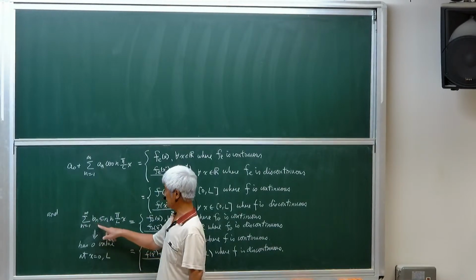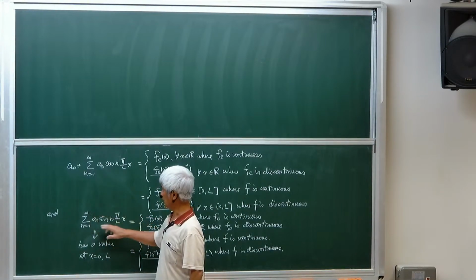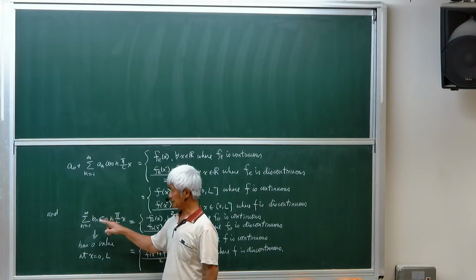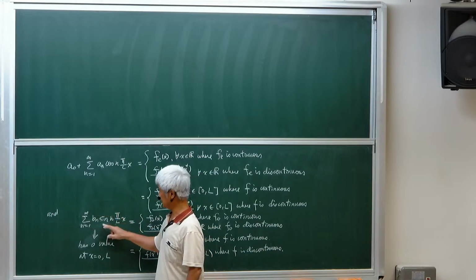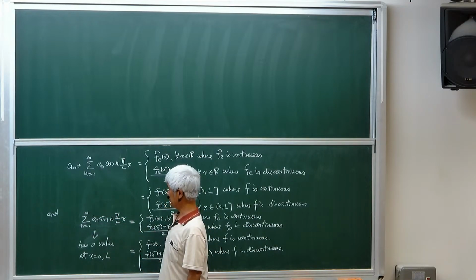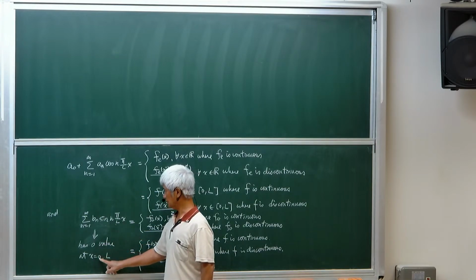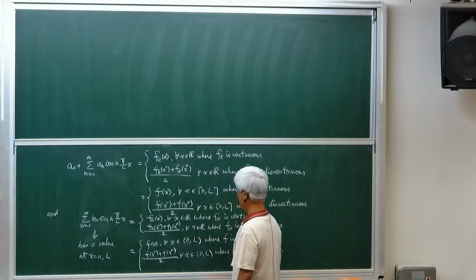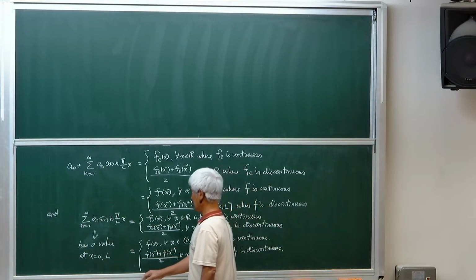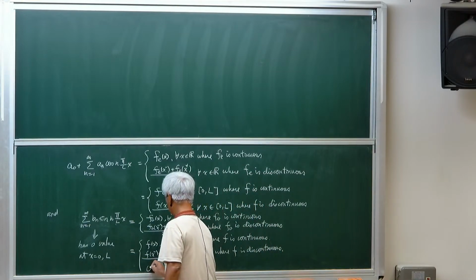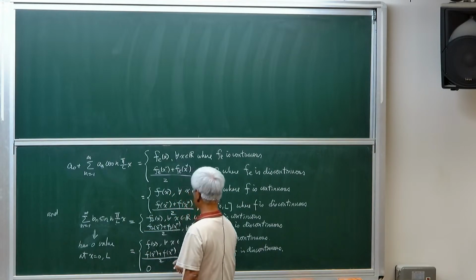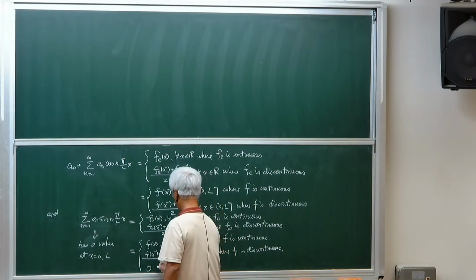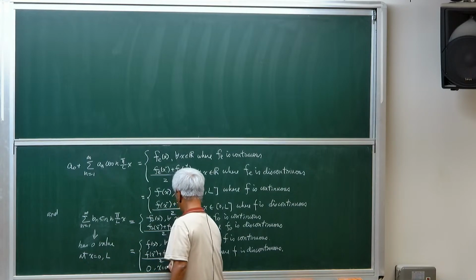So the sum of this trigonometric Fourier series is always 0 when x equals 0 or L. This is 0 for x equal to 0 and L.